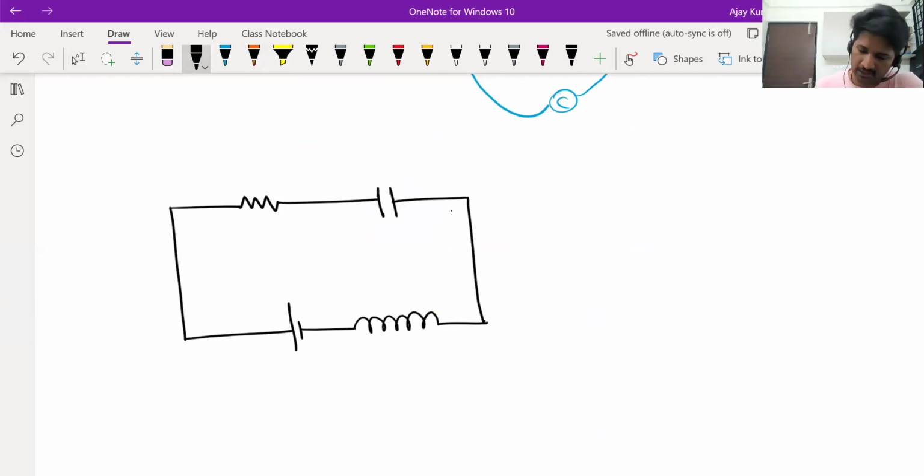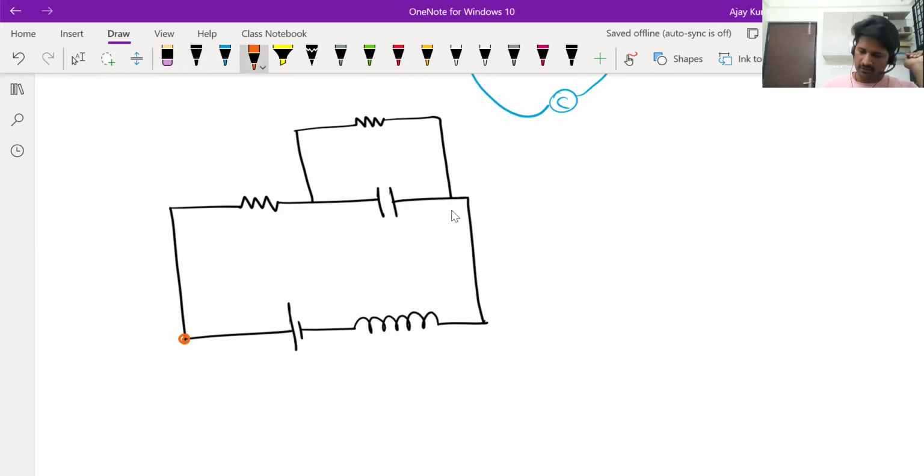There may be multiple loops also in the circuit. For example, there could be another resistance here, and so on. Just like when you start from a particular place, you go to a place X, then you may go to Y, Z, return to X, then you go to P, Q, R, and finally come back to A. So there could be multiple loops also along the journey, not an issue.